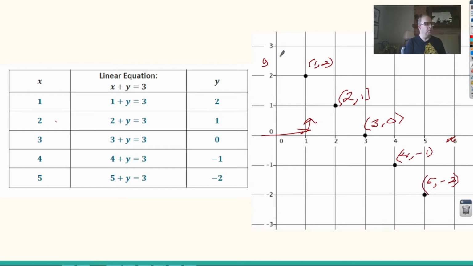Okay, so these are the solutions to the equation x plus y equals 3. It's a linear equation, so if I draw a line, it's a straight line going through here.